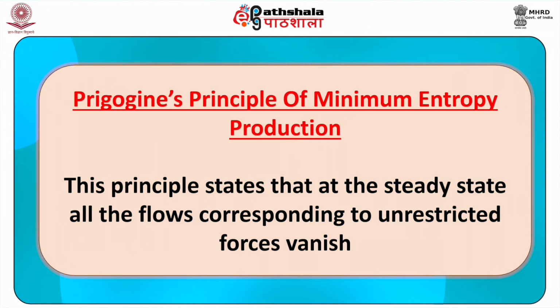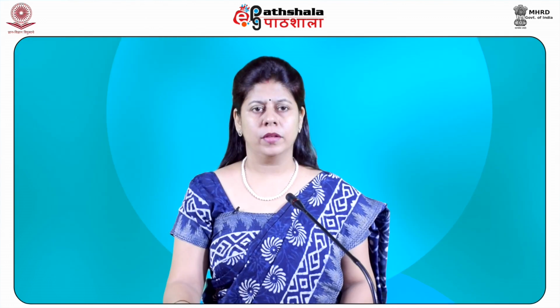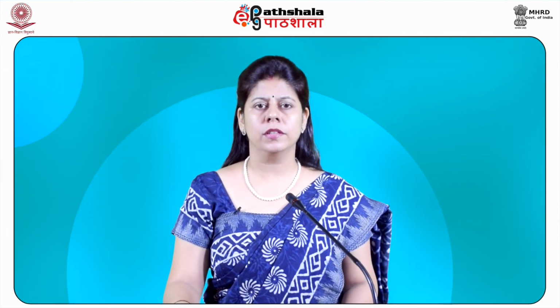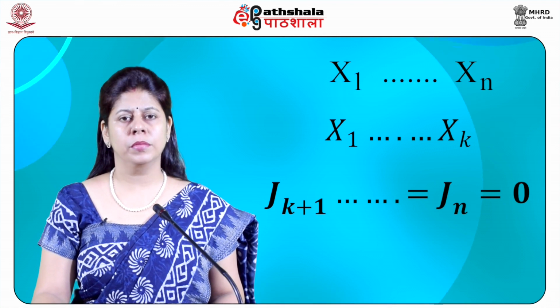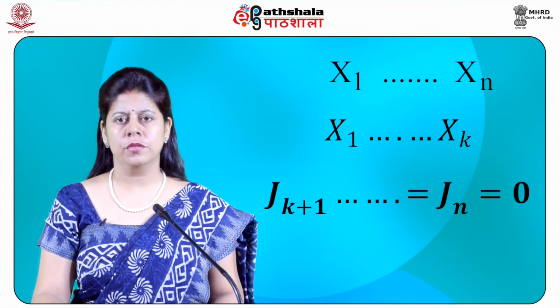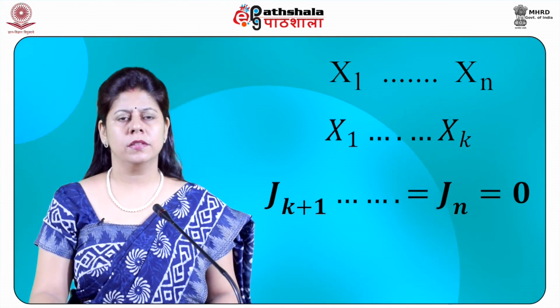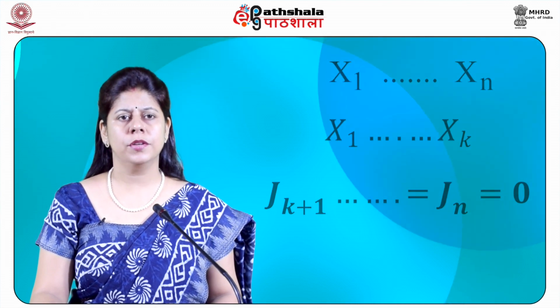This principle states that at the steady state, all the flows corresponding to unrestricted forces vanish. Thus, this can be generalized to the case of n independent affinities, out of which a certain number are kept constant. For such stationary states, Jn equals 0.